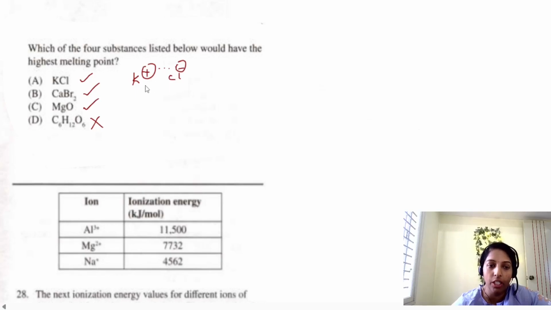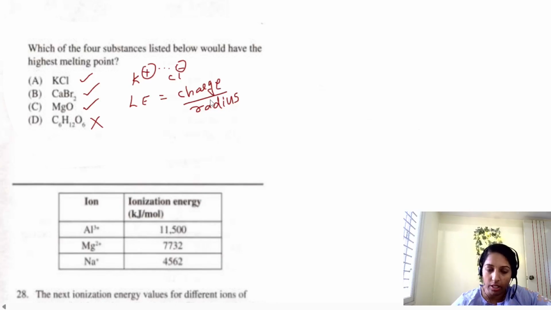We always check that with the lattice enthalpy, correct? Lattice enthalpy you can check with the charge over radius ratio. The one with a high charge over radius ratio will have a higher lattice enthalpy, like higher Coulombic attraction, correct?